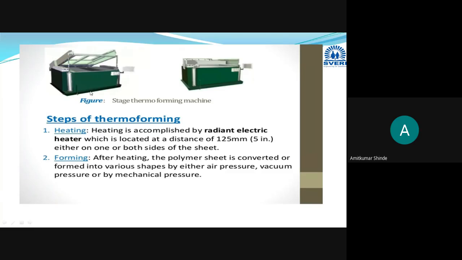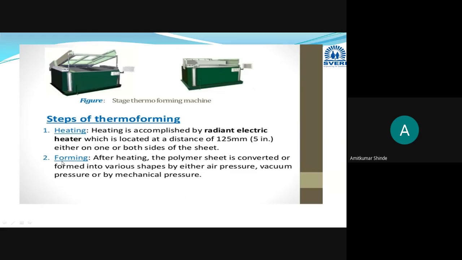Now these are the different thermoforming machines which we are using in practical life. In the first stage, heating is done with the help of radiant electrical heaters. From one side or both sides we are going to do the heating depending on our need.